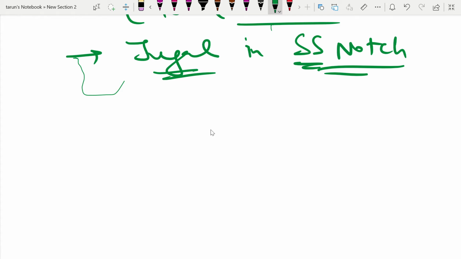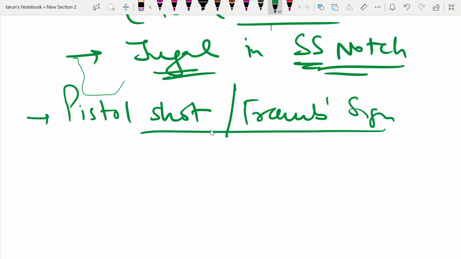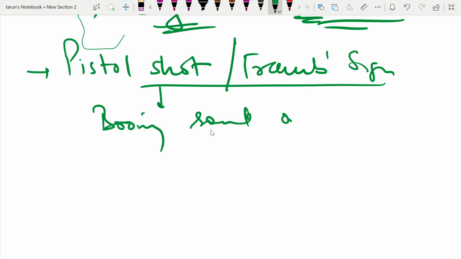Then you will get the pistol shot sound or Traube sign. What is Traube sign? What is pistol shot sign? A booming sound produced after pressing the stethoscope over the femoral artery. If the examiner asks what is Traube sign in aortic regurgitation, you will say a booming sound heard over the femoral artery.